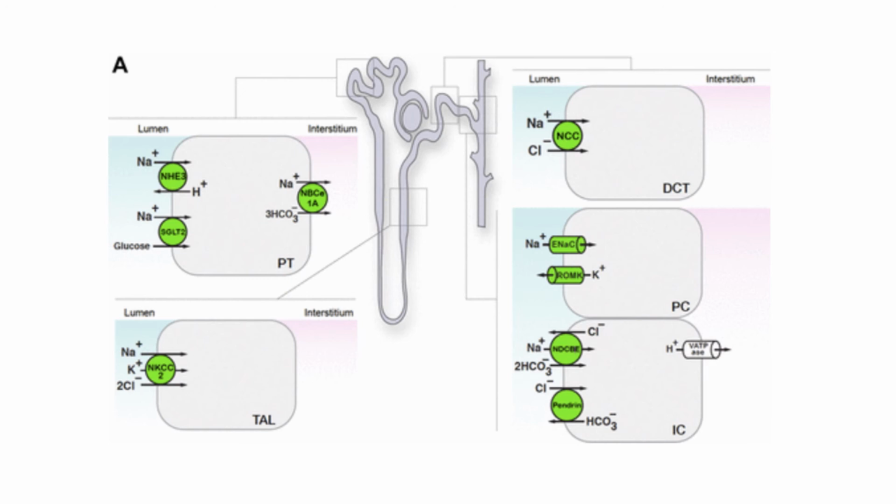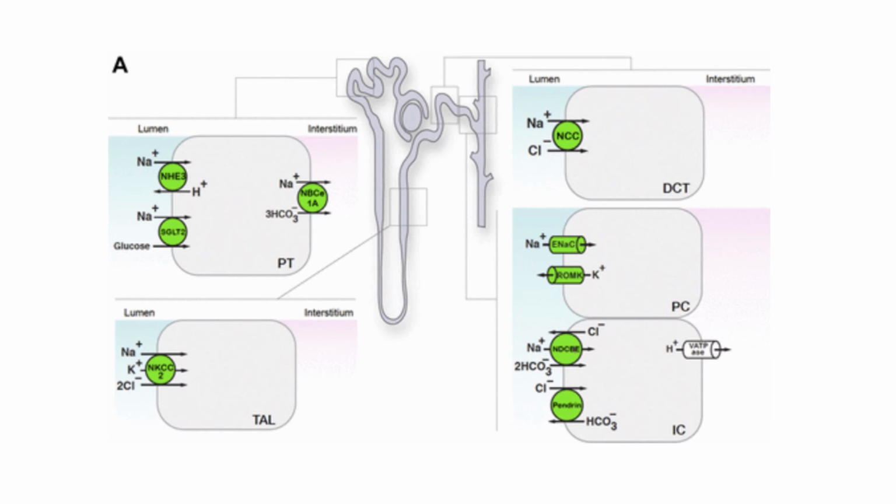About 3/4, that is 75% of the sodium that has been presented to the DCT is reabsorbed by chloride driven sodium transport. This is chloride driven sodium transport, and this absorbs about 75% of the sodium that has been presented to the DCT.